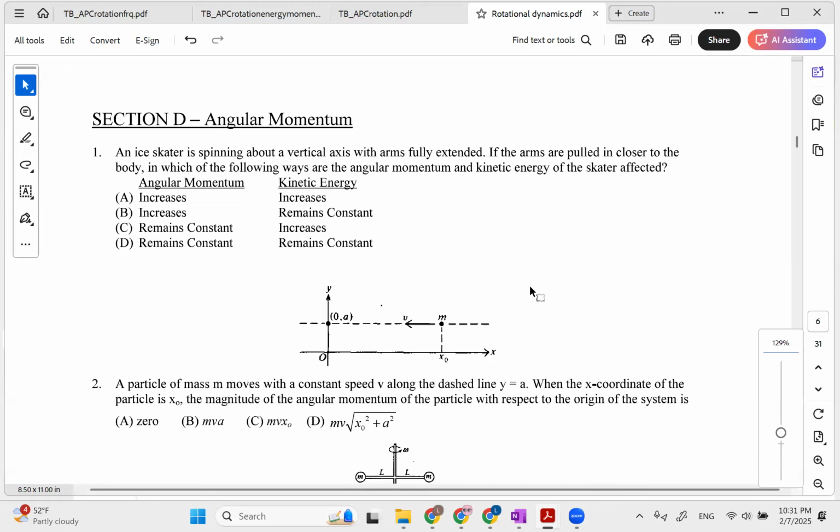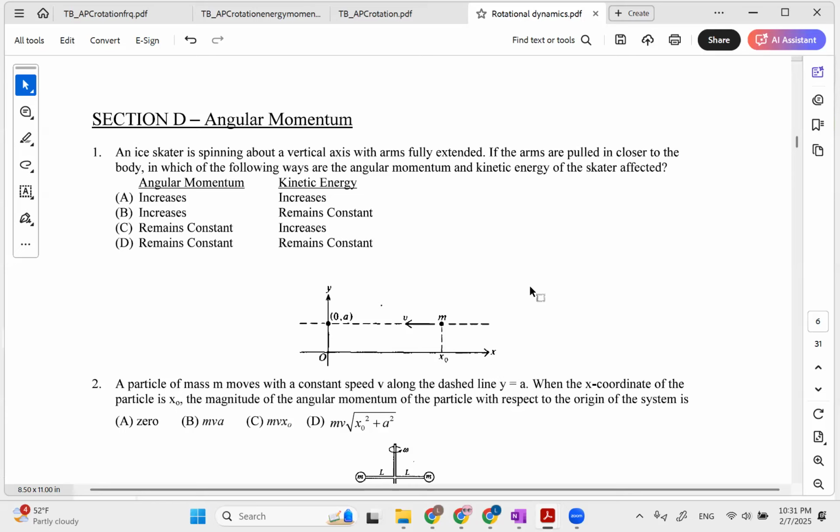An ice skater spinning along a vertical axis with the arms fully extended. If the arms are pulled in closer to the body, in which of the following ways are the angular momentum and kinetic energy of the skater affected? A, angular momentum increases, kinetic energy increases. B, angular momentum increases, kinetic energy remains constant.